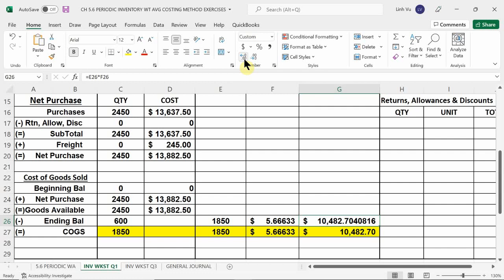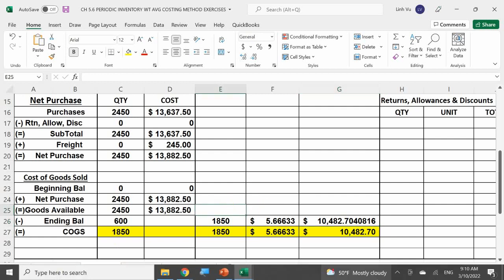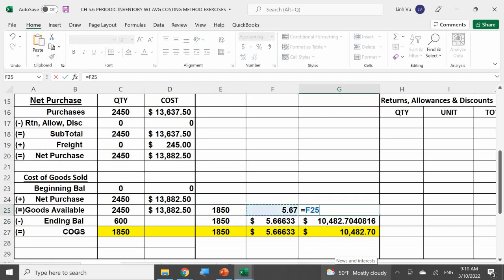In this case, I want you to round your answers towards the end and not here, because watch this. If I had 1850 and I rounded this to 5.67, then I have no problem because it's a rounded number. But here, it shows me that I'm at 10,489.